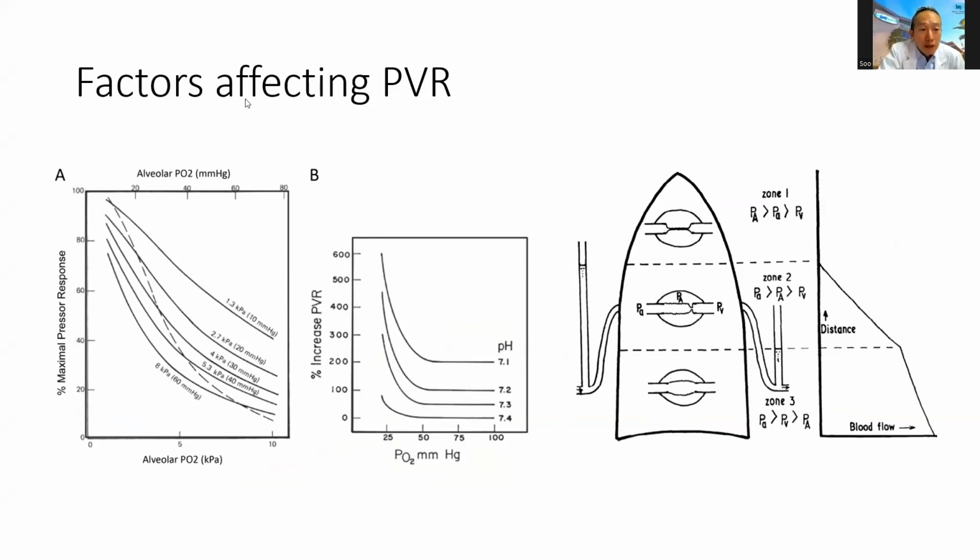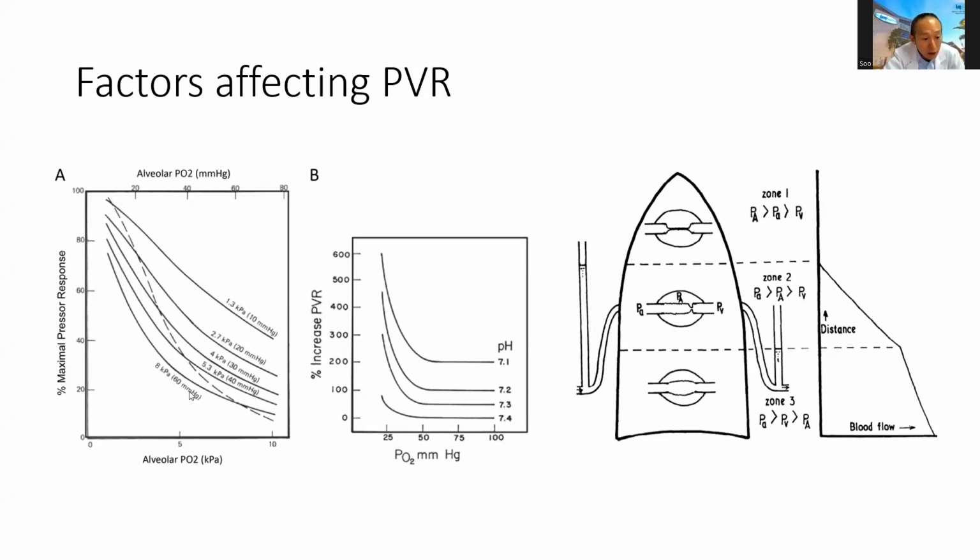And what about other factors? When we ventilate the lungs, we also need to know a few things that affect it. One of the things that is the biggest contributor to whether the pulmonary pressures go higher or lower is alveolar PaO2. So oxygen to the lungs. Oxygen causes vasodilatation in the vessels in the lungs, hence reducing pulmonary vascular resistance.